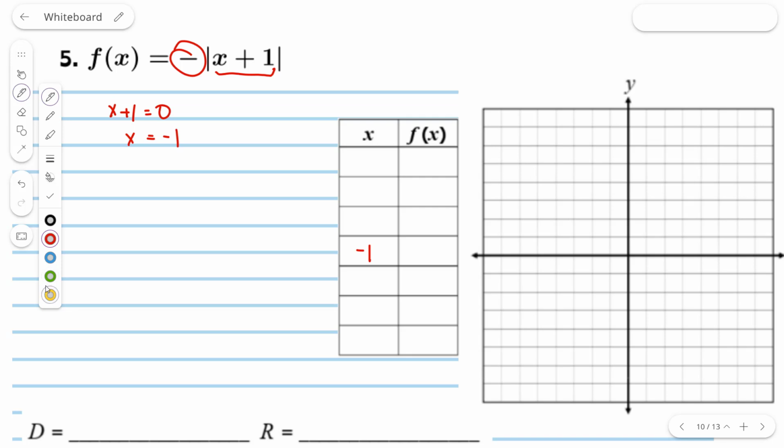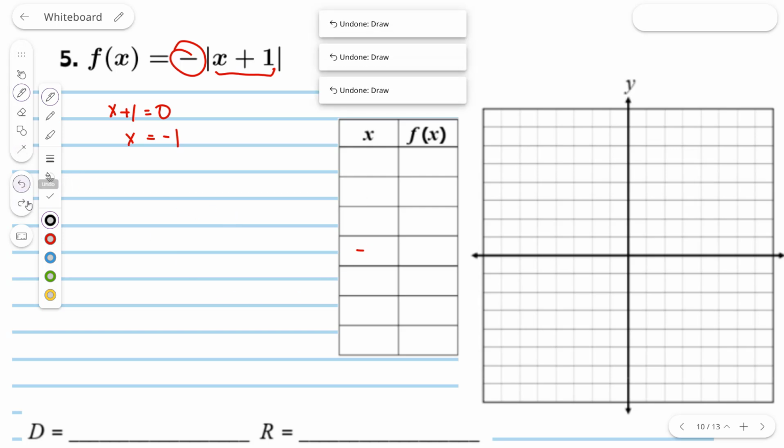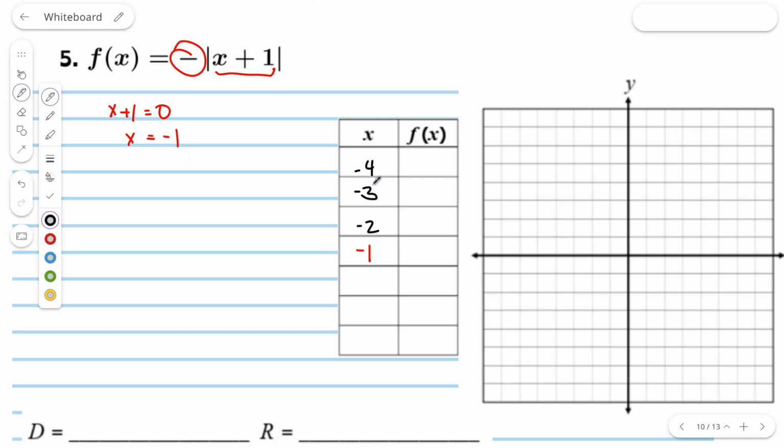So that's my starting number. Counting down, 0, 1, -2, -3, -4, 0, 1, 2. And so I'm going to figure out what's happening here.